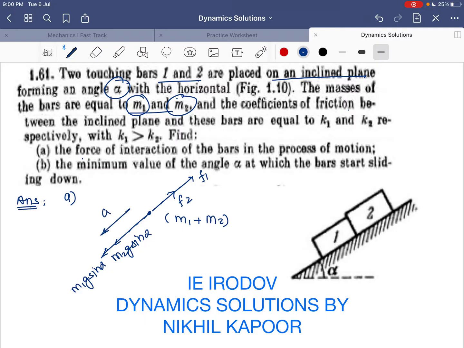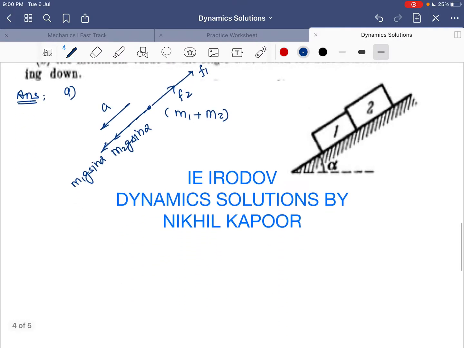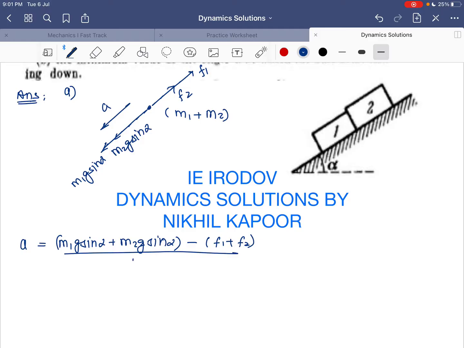The system is coming down with some acceleration, and we have to find that acceleration. As we know very well, acceleration will be equal to net force, that is m1g sine alpha plus m2g sine alpha, the total force acting downward along the plane, minus F1 plus F2, the total force acting upward along the plane, upon the net mass m1 plus m2.